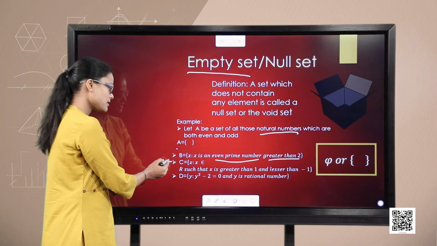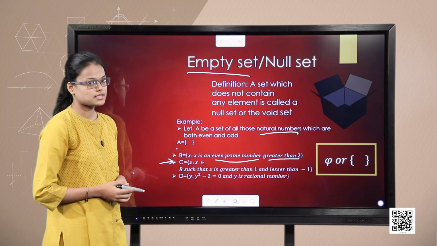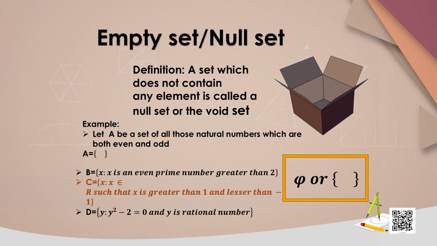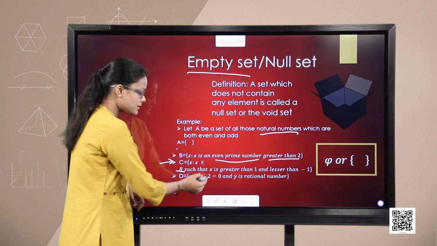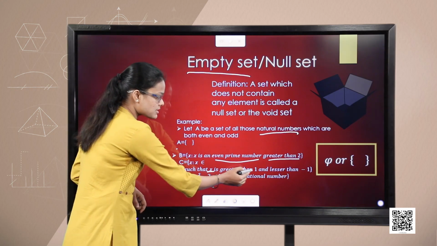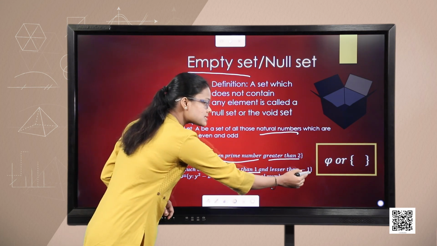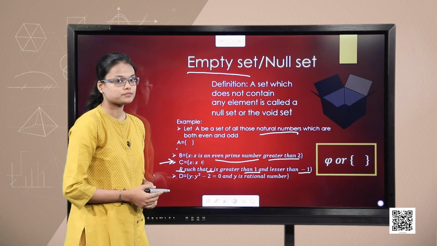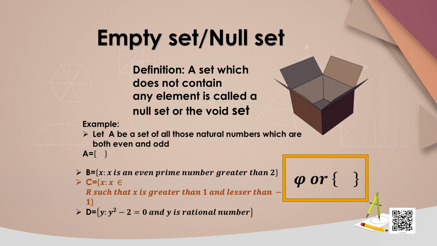Let us take the next example, set C. C is the set of all those real numbers x such that x is greater than 1 as well as less than minus 1. We cannot have a number which is greater than 1 and less than minus 1 simultaneously. So, the set C is also an empty set.